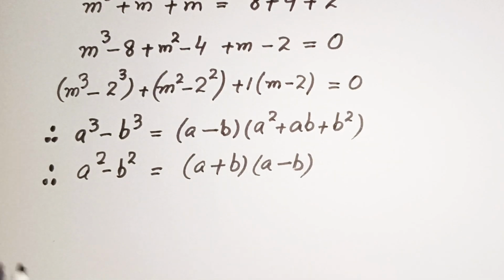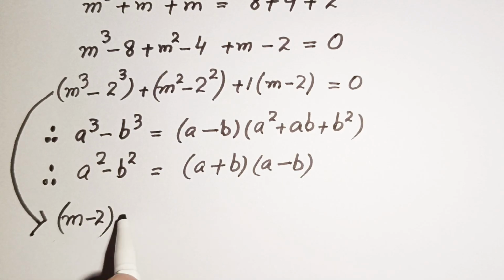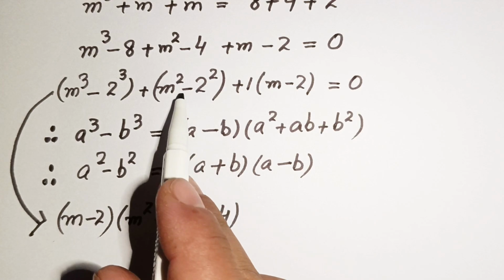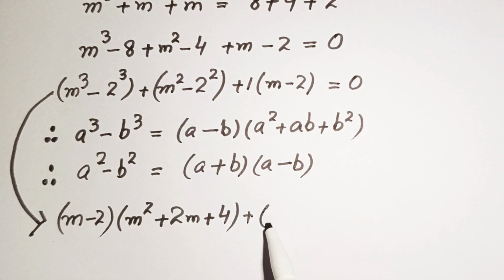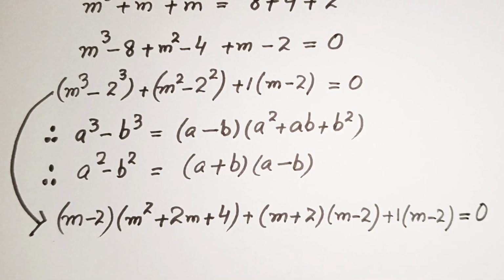Here this step will be m cubed minus 2 cubed is equal to m minus 2 times m squared plus 2 times m plus 2 squared, which is 4. Now here it can be written as plus m plus 2 times m minus 2. So here we have plus 1 times m minus 2 is equal to 0.